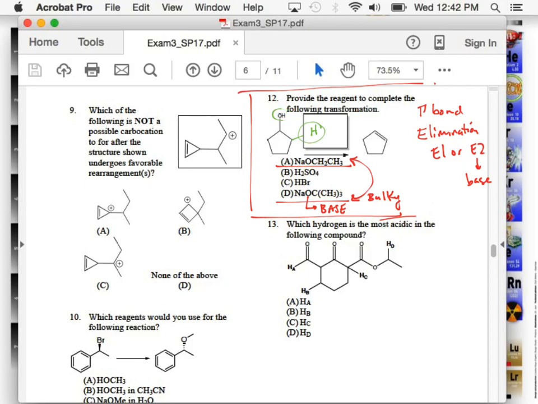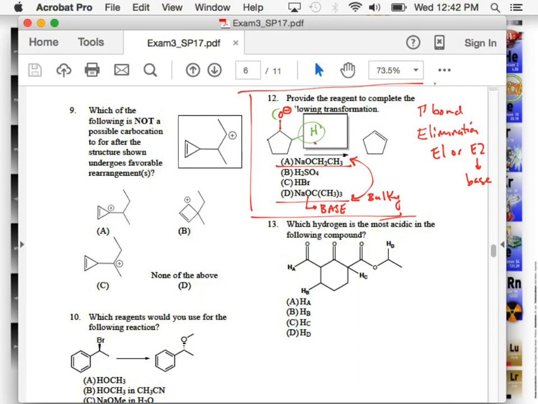The base comes in, removes that hydrogen, and we get a negative charge. What does that then mean? That is a shite leaving group. Right? It wasn't good to begin with, and it now just became horrendous.